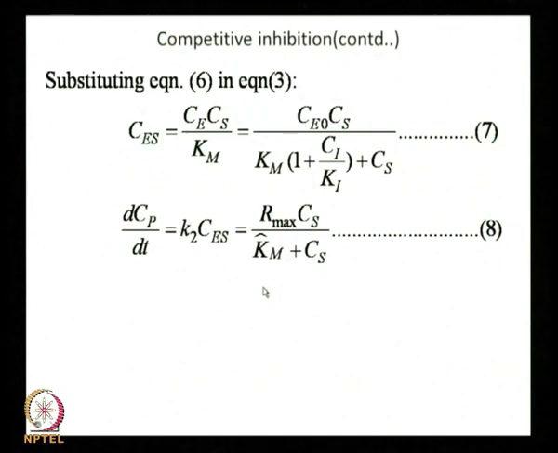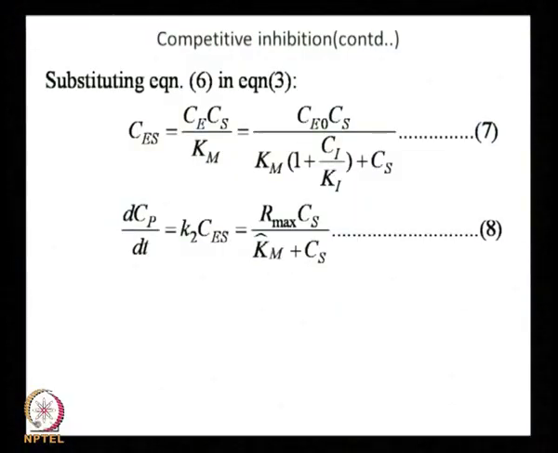So by analogy, what would be your Rmax and your Km and so on? What is Rmax? Rmax remains the same, which is K2 into C naught. Rmax is your K2 into C naught, and I discussed this in the last class.